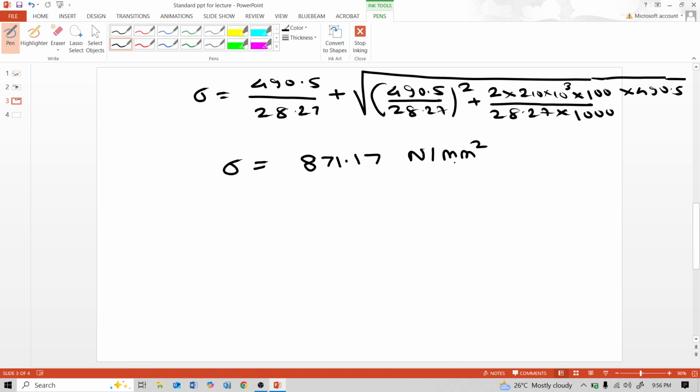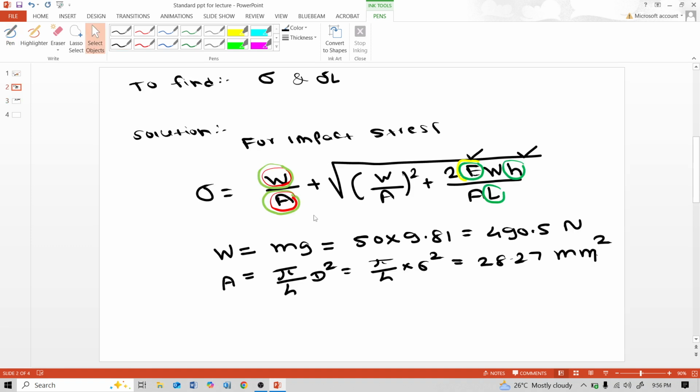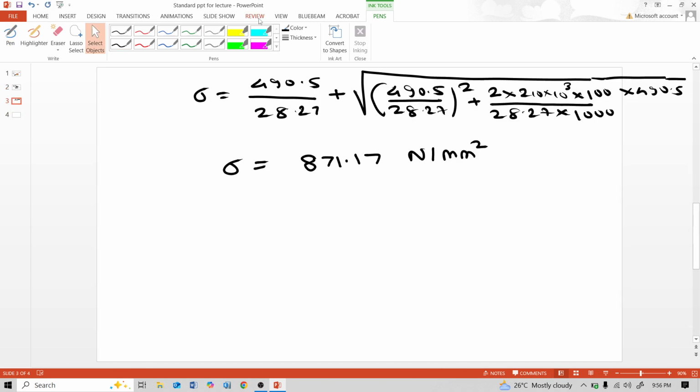Always write these units in the exam. These units are very important. Now our first problem statement is complete. We found this. Now our next target is to find delta L, that means deformation. Deformation is sigma L upon E. Sigma is 871.17, L is 1000.